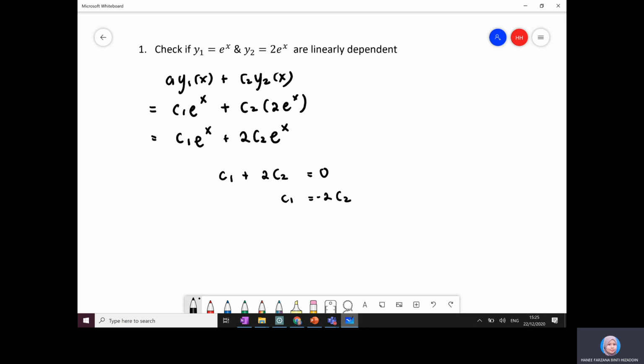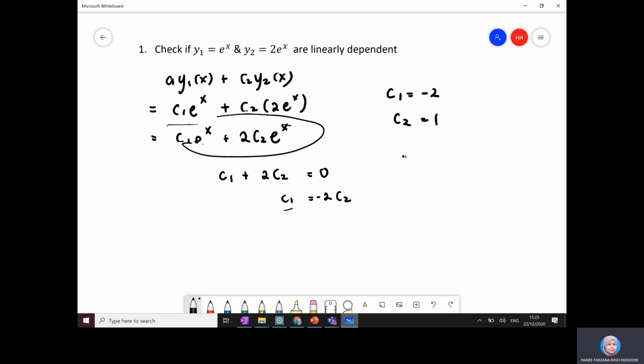It could be that this equation is equal to 0 when c1 equals negative 2 and c2 equals 1, one of the possibilities. It could be any value as long as c1 is equal to negative 2 times c2. So whatever value you put in for c2 and put into c1, when you put it inside this expression, you will get it to become equal to 0.